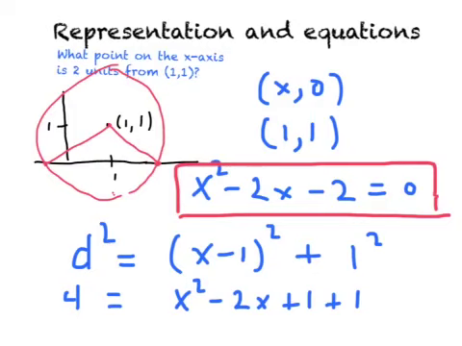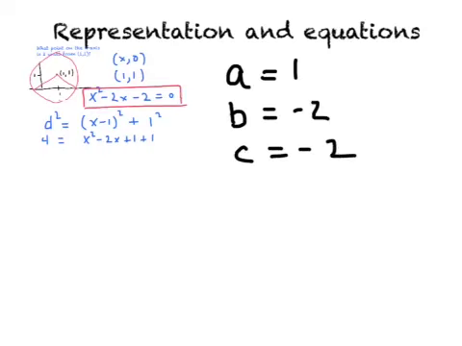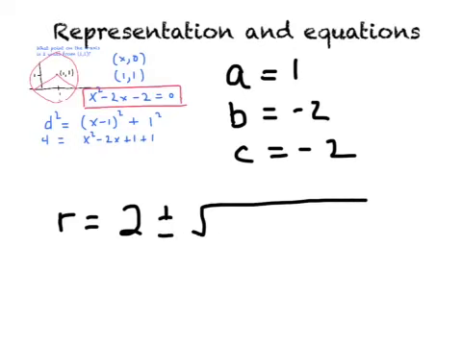So we let a equals 1, b equals minus 2, c equals minus 2, and so our roots are 2 plus or minus the square root of 4 plus 4 over 2.